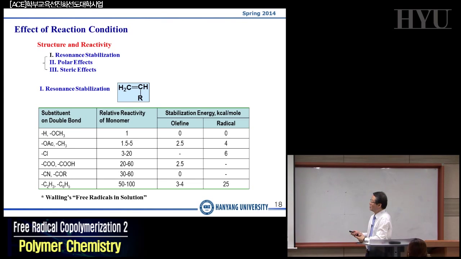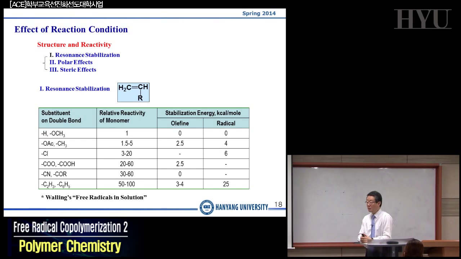First one is about the resonance stabilization. Secondly, the polar effects. Finally, we'll talk about the steric effect. The first discussion point will be the resonance stabilization. Okay? Now, you all know what resonance stabilization is.